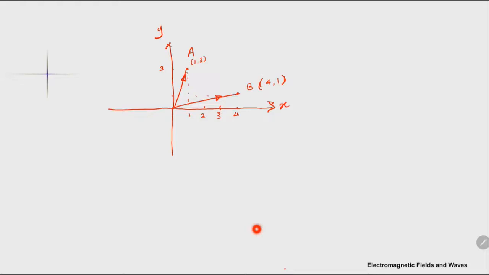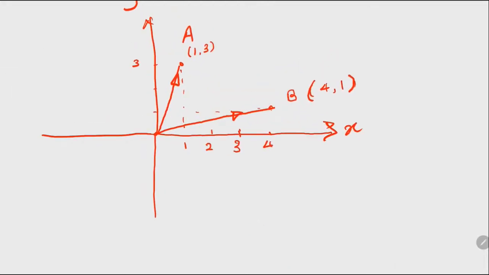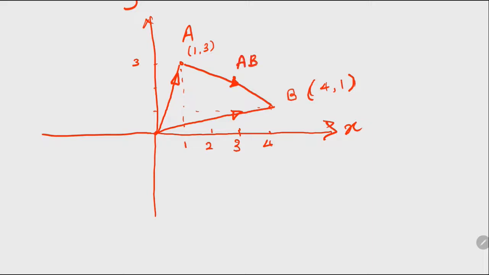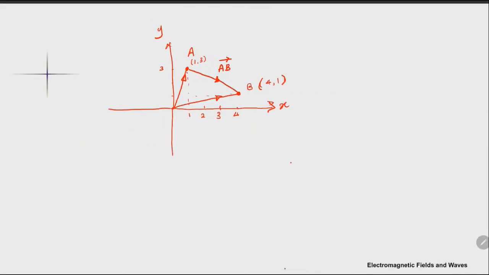Okay, so if you want to find the vector between A and B, it matters which way the vector goes, whether it goes from A to B or B to A. If I want a vector from A to B, this is my vector AB, meaning that it originates from A going to B. To find this vector, you can take many paths because it's a vector.